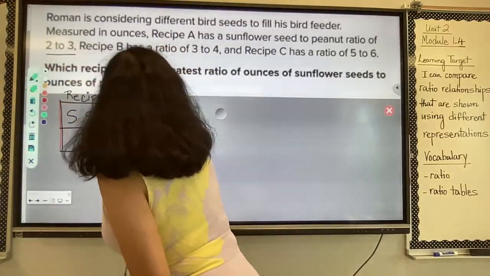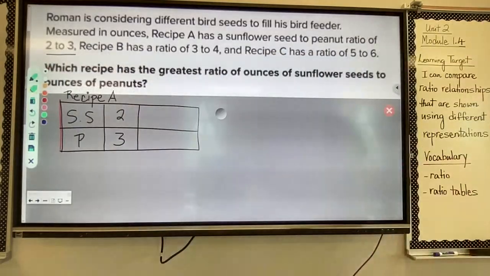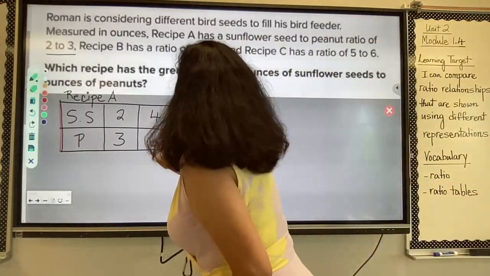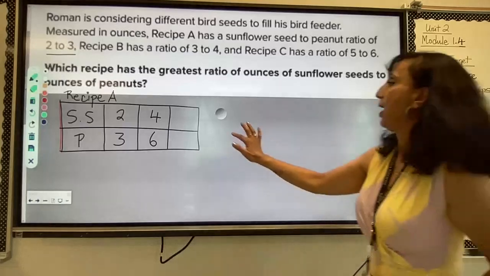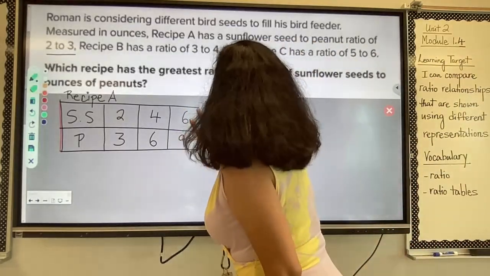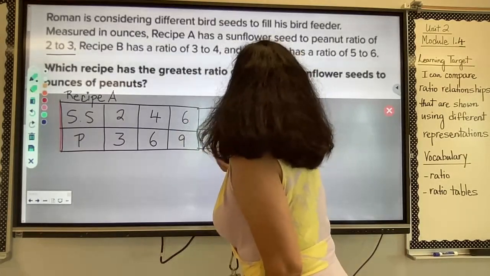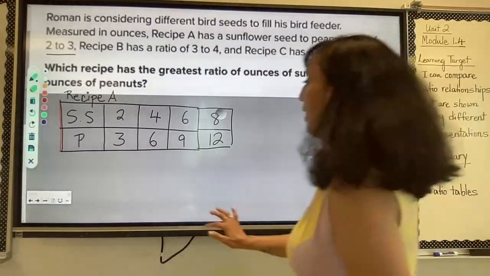So I'm going to write out my ratio, and then I'm going to find equivalent ratios. So then I have 4 to 6, I have 6 to 9, and I have 8 to 12. Okay, so this is my recipe A, and then let's look at recipe B.